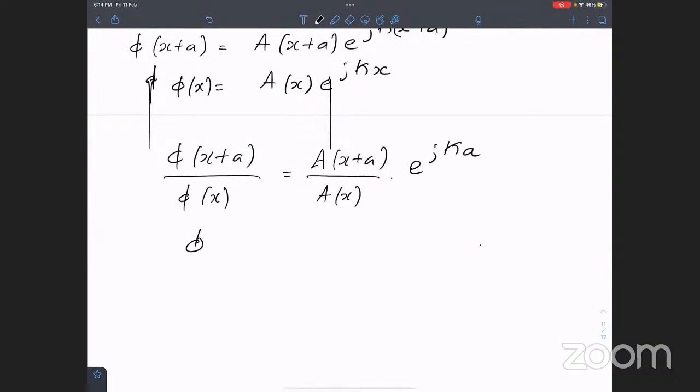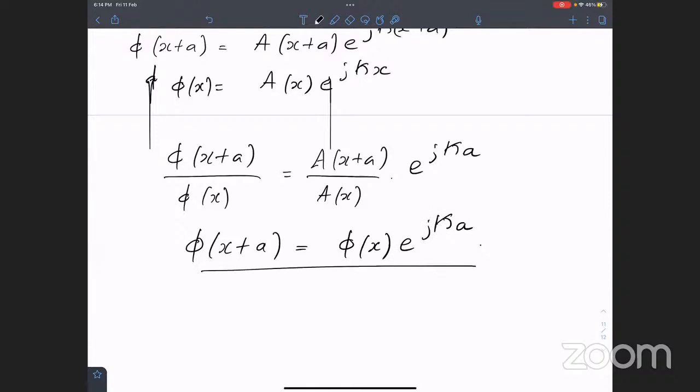So we also derive the relationship that phi of x plus a is equal to phi of x into e to the power j k times a. This is our second condition.